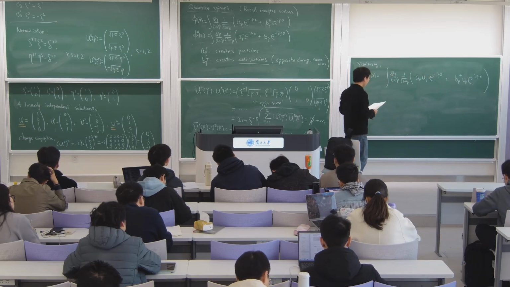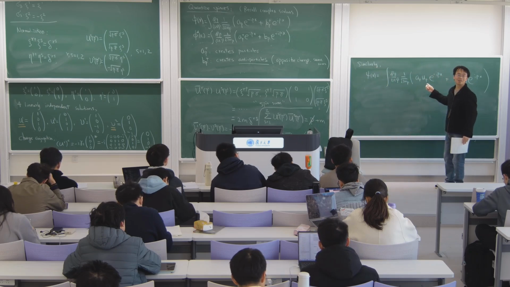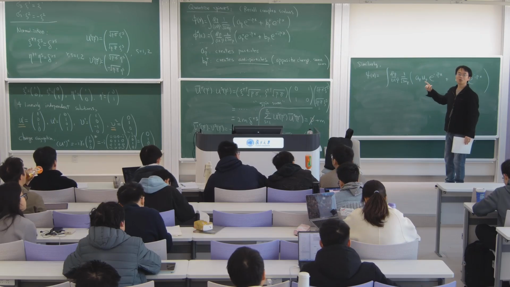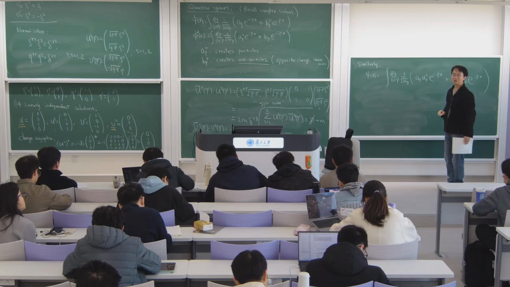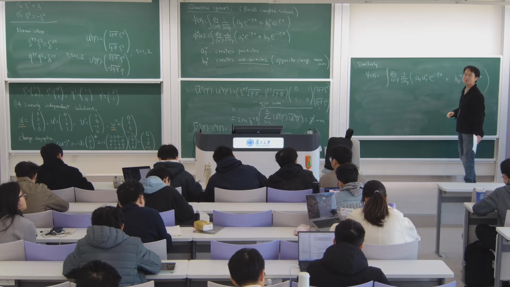Now we also know there is a spin index, u1 or u2. You should put an additional spin index for the u and also for the v. So you should do it this way.